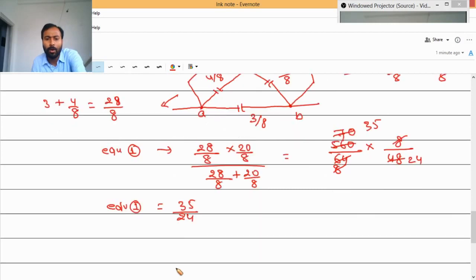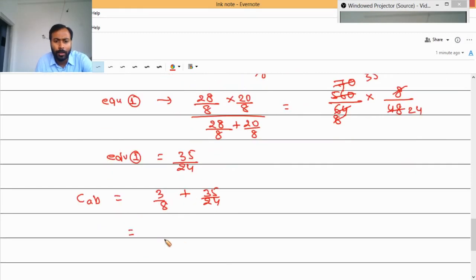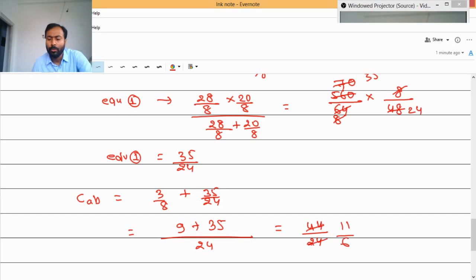Now we can decide the equivalent capacitance between A and B. These two parameters are in parallel, so 3 plus 35 by 24. This will be 24, so 3 times 24 is 72, hmm, 3 into 3 is 9 in the speaker's working, and this value will be 35, so it will be 44 upon 24, which gives 11 upon 6.